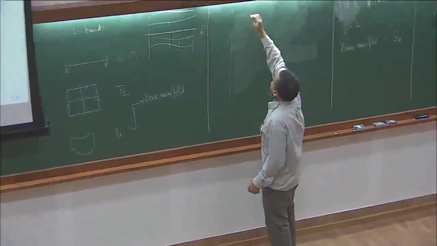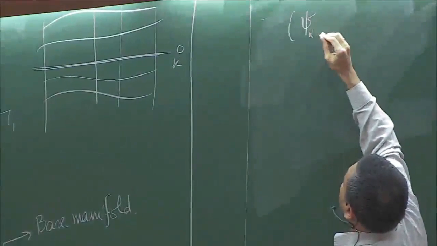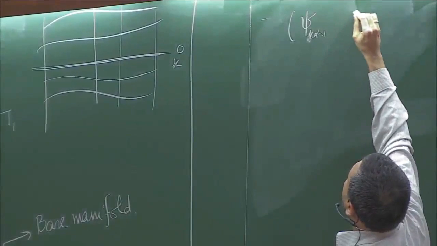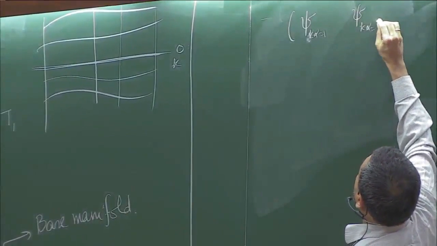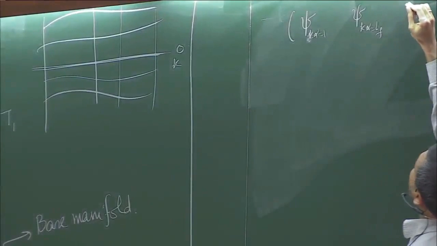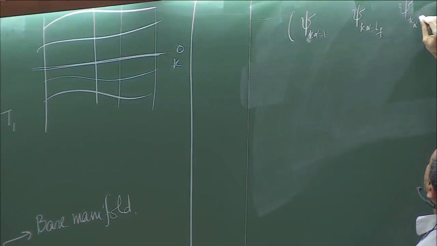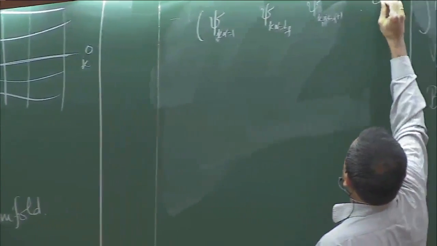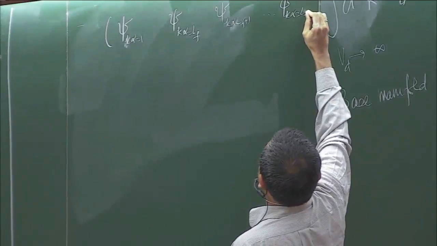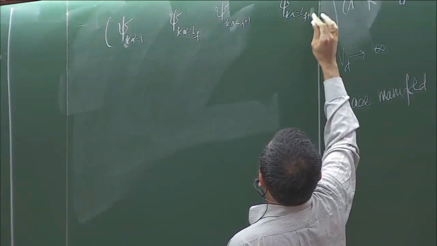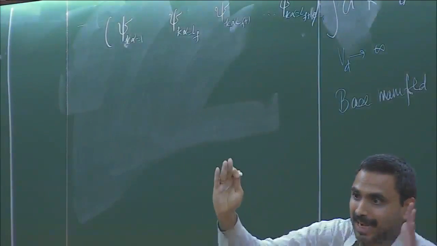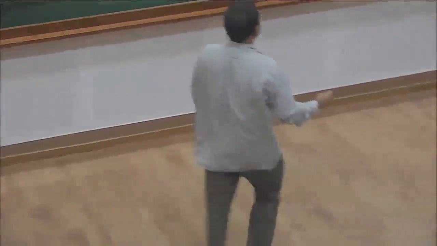So this will be psi k alpha equal to 1, psi k alpha equal to L filled, psi k alpha equal to L filled plus 1, and all the way to psi k alpha equal to L filled plus L empty, which is equal to L. I collect all of these wave functions in an array. What is the size of this array? L by L. Right? It's an L by L array.